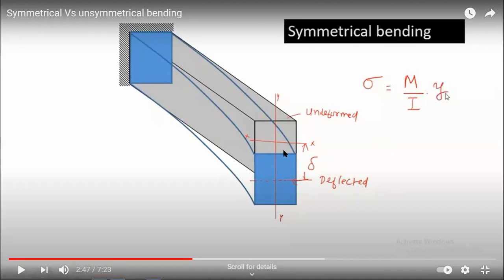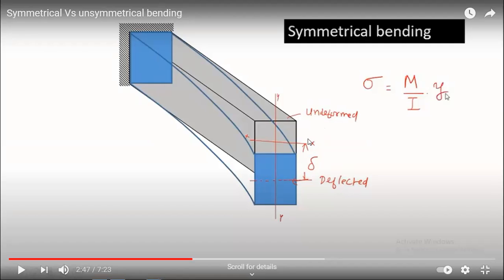So your beam is bending in the y direction with respect to the x-axis, where you can calculate the deflection delta. But you can't see any x deflection. In the x direction there is no deflection at all. There is only a y deflection with respect to the x-axis. Understand? So this is what symmetrical bending is.